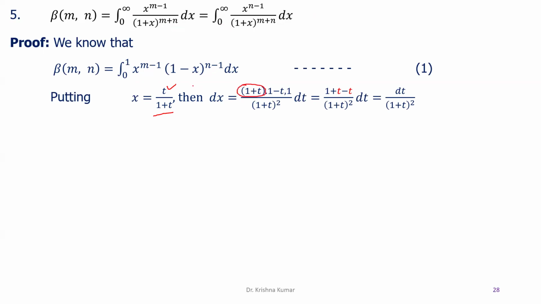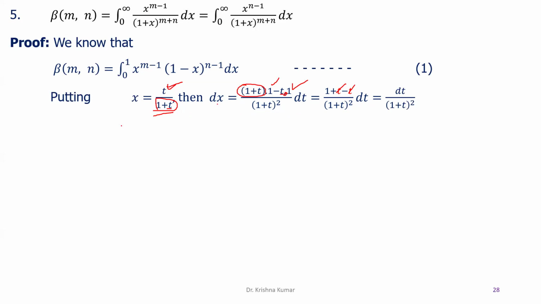Derivative of numerator t is 1, times the denominator, minus the numerator t times the derivative of the denominator, and the derivative of 1 is 0 and the derivative of t is 1. This is 1, and the whole is divided by (1 plus t) whole square. So this can be written as 1 plus t minus t. So this will cancel, giving 1 upon (1 plus t) whole square dt. So dx is equal to dt upon (1 plus t) square.